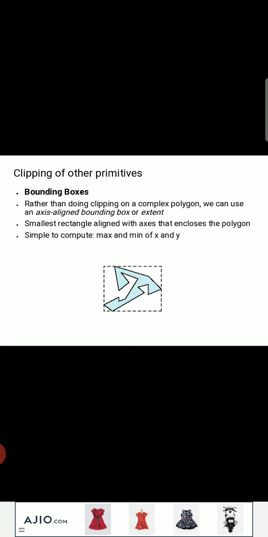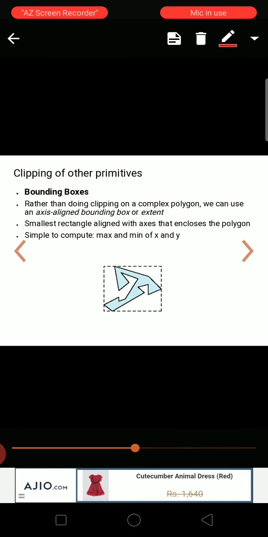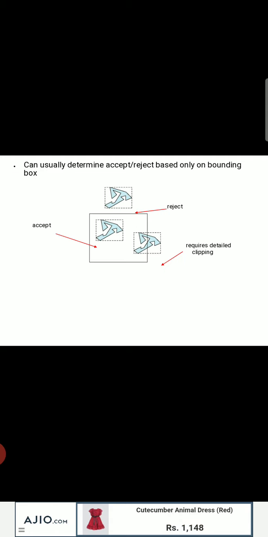It is very simple. We need to compute the maximum and minimum of x and y values and then find the surrounding bounding box for the polygon as shown in the figure. Then you can usually determine accept or reject based on only the bounding box, but in order to find the partially visible part of the polygon, it again requires a detailed clipping process.